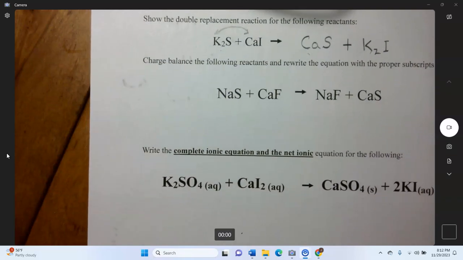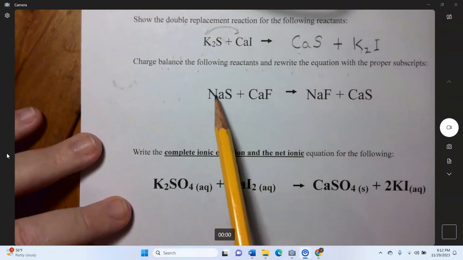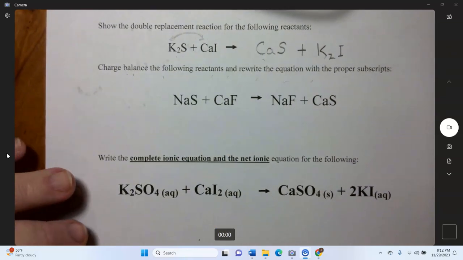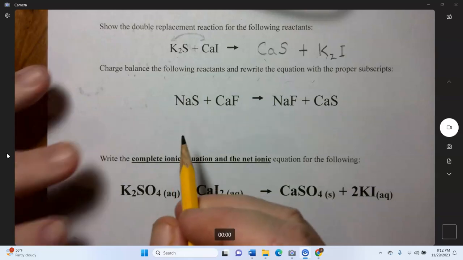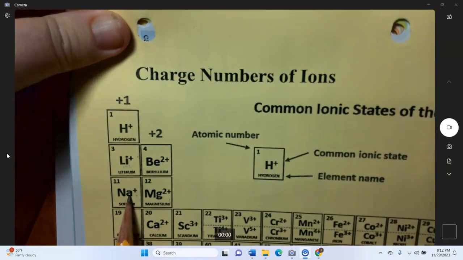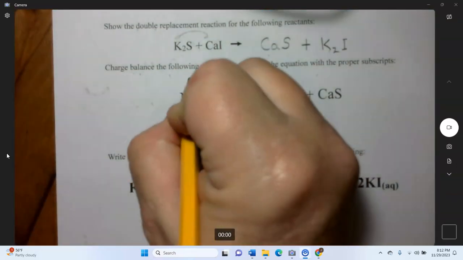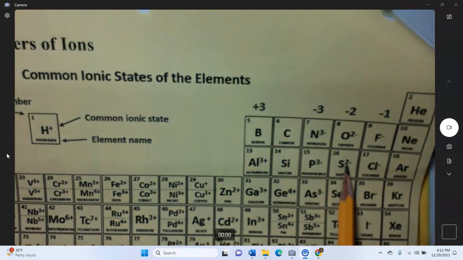Okay? Now, charge balance the following reactants. The reason I'm not having you just do one long net ionic equation is because if you make a mistake early on, it's going to carry all the way through and you won't get later parts of the problem correct, okay? So charge balance. So sodium, come over here. Sodium is a 1 plus right there. Sulfur is a 2 minus right there.